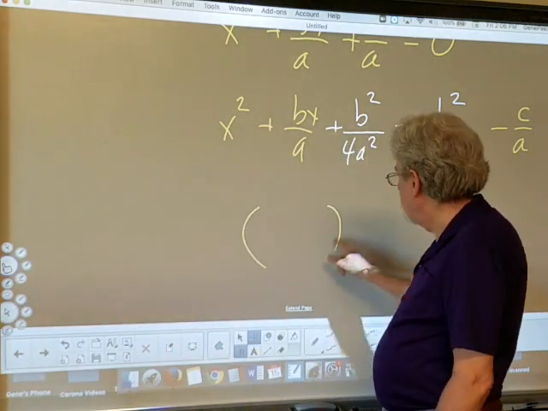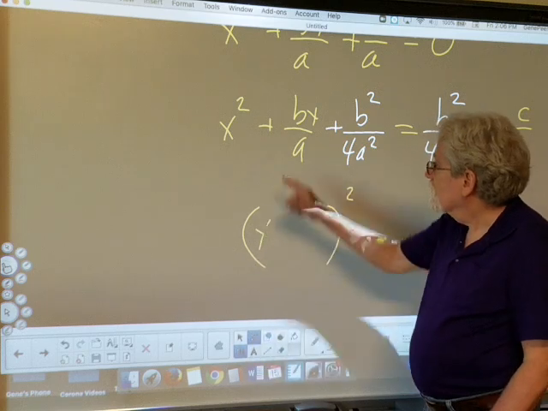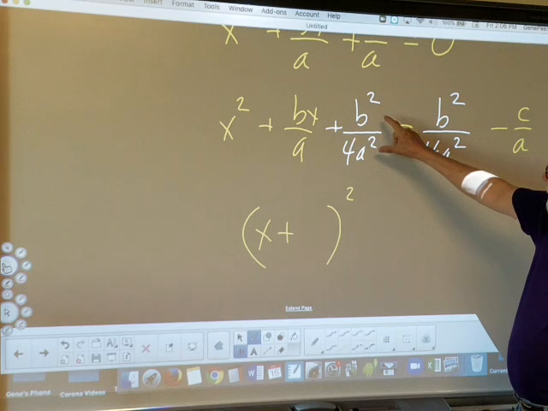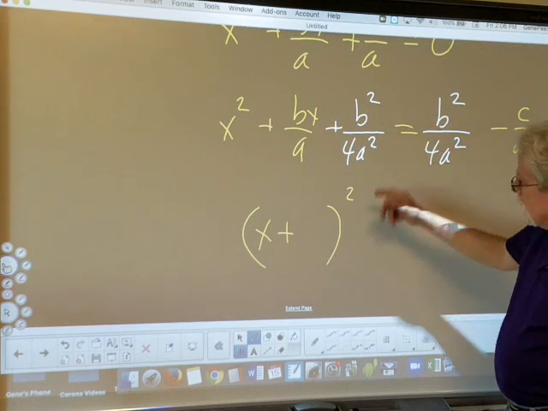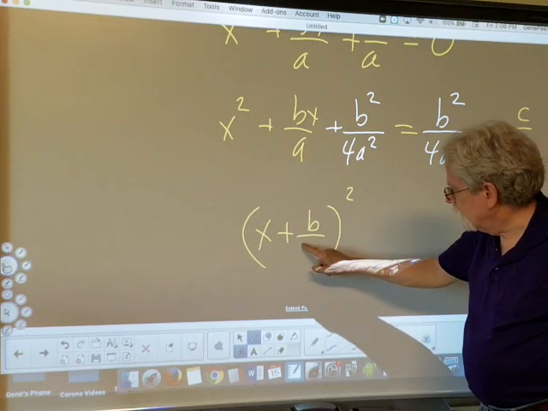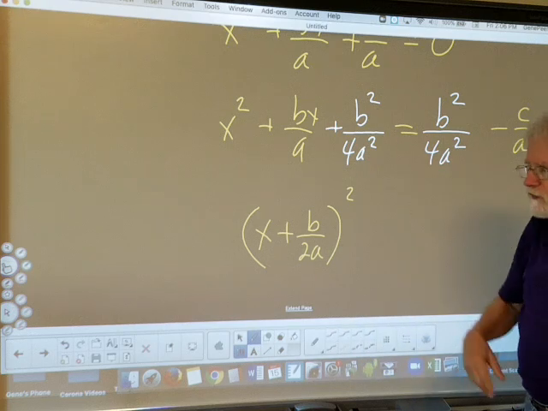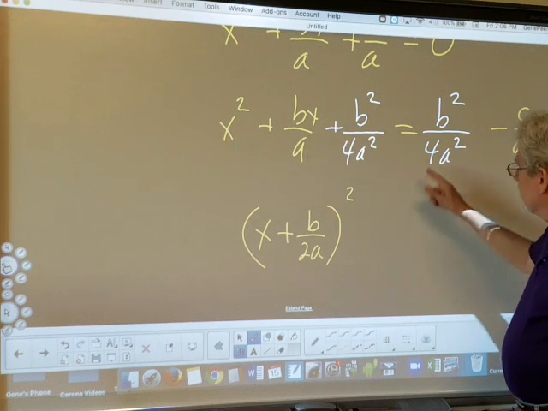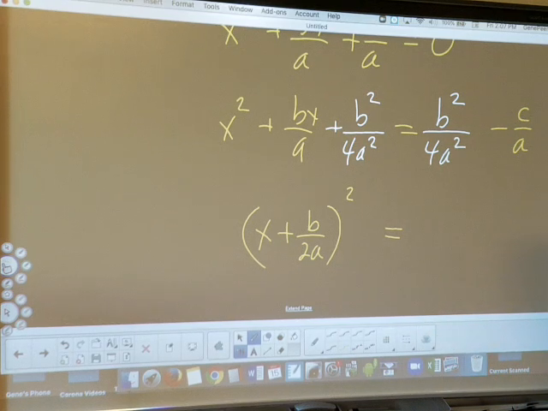I'm going to have something squared. x goes here, match the sign, and what was squared here? Oh, I see. b over 2a. Mm-hmm. b over 2a. We factored. Just as easy as it's always been. Because we rigged it. Are you allowed to rig things? In math, yes, you can rig things.